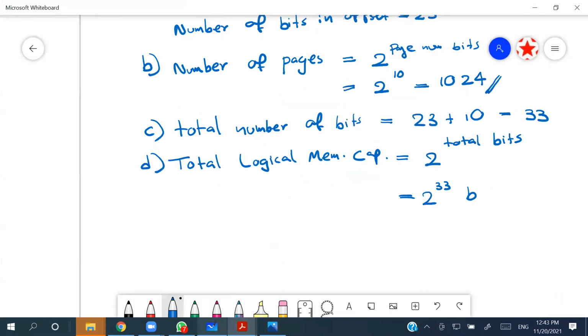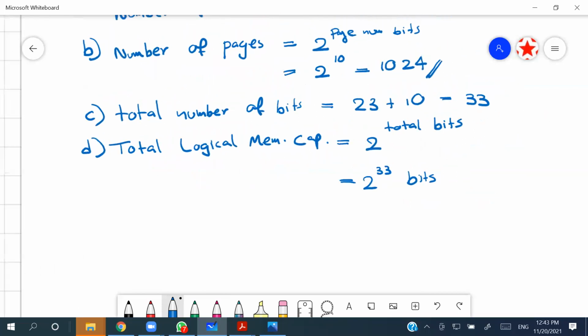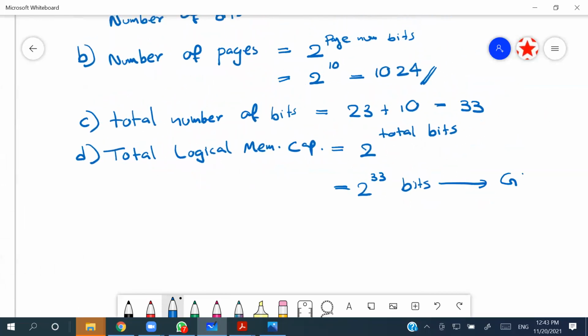Yeah, as bits. So then we have to convert this into the gigabytes, right? So bits will become byte, byte will become kilobyte, kilobyte will become megabyte, and megabyte will become gigabyte.